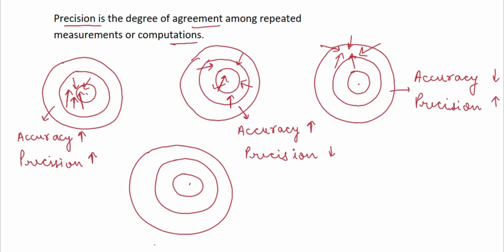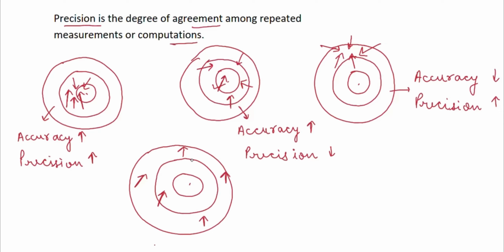And finally, we have the worst possible case. Here, the arrows are scattered randomly and they are also far away from the center. The measurements are not close to each other, so they are not precise. They are also far from the true value, so they are not accurate. Such measurements are both unreliable and inconsistent.